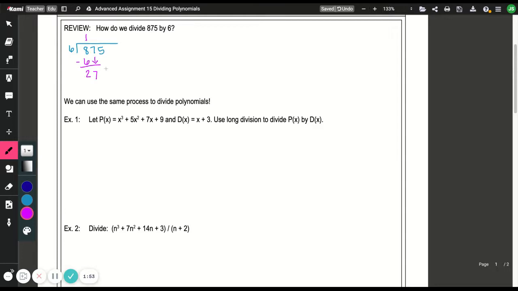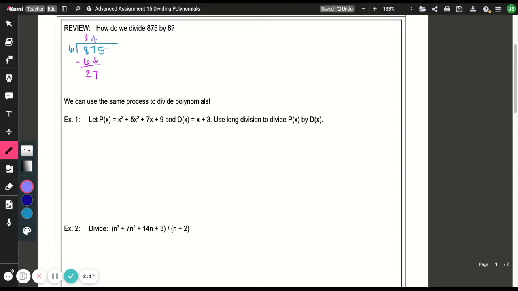We do that process over and over again, but it's those same couple of steps that we continue to repeat, and I may run out of room. So then we do it again. How many times does 6 go into 27? What can I multiply 6 by, the biggest number I can multiply 6 by? So 6 goes into 27 4 times.